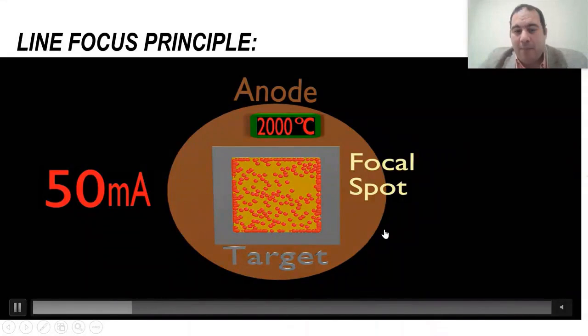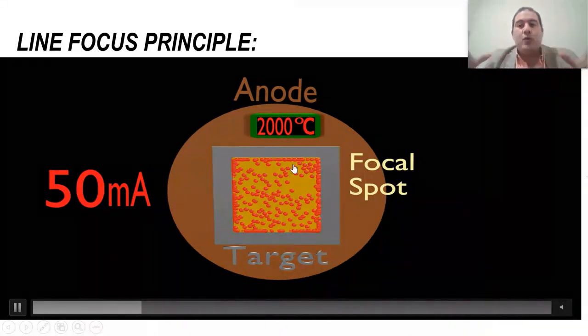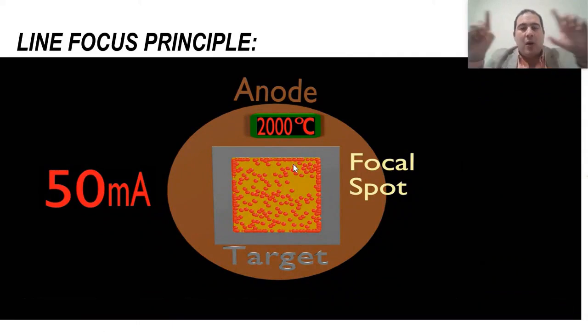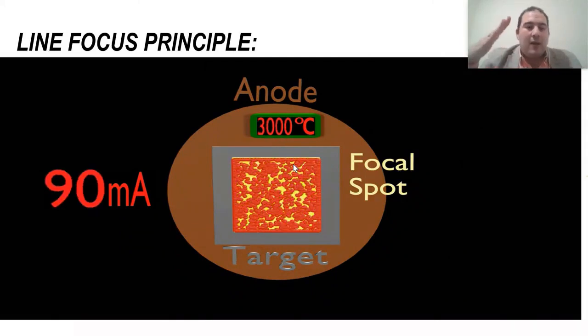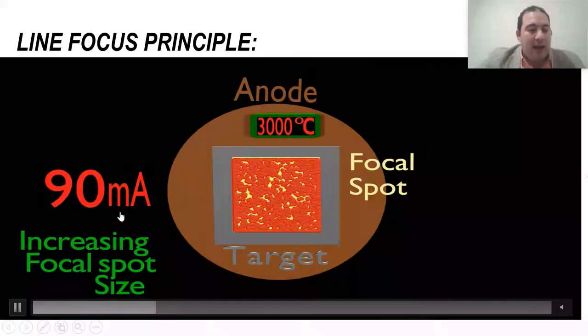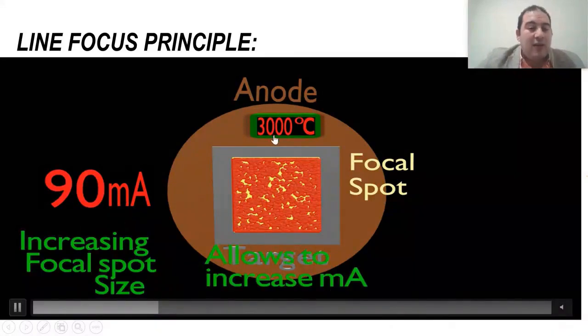If I increase it, the amount of increase in temperature will actually be less because you have distributed your heat better over a larger area. So, by enlarging the actual focal spot, what I am doing with the modulation is giving the anode an angle, so it can withstand a higher current. The current here reached 90 milliampere and gave me the same temperature that was present.